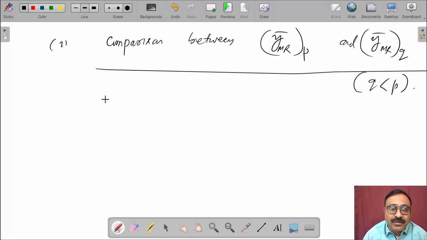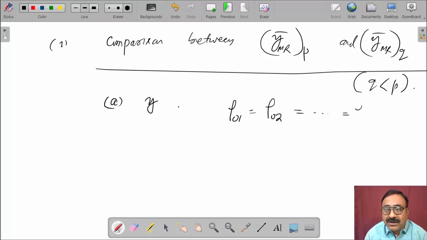Now for this we take Olkin's assumptions. The first: our study variable Y is equally correlated with all the auxiliary variables. So that is rho 01 equal to rho 02 and so on up to rho 0p, that is equal to rho 0.